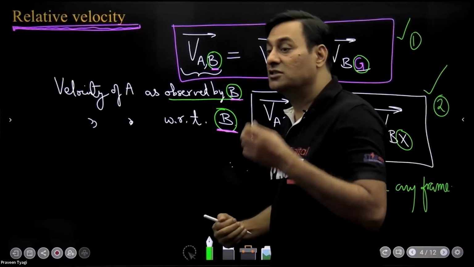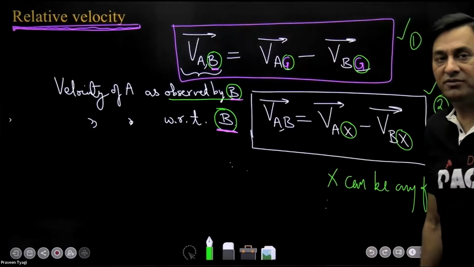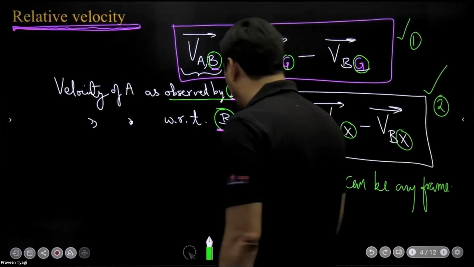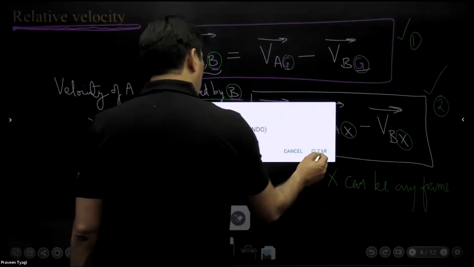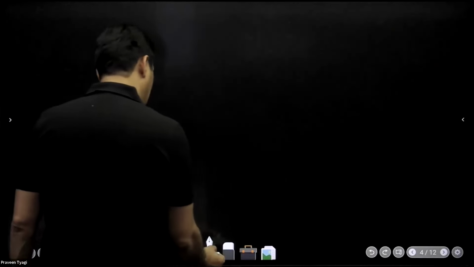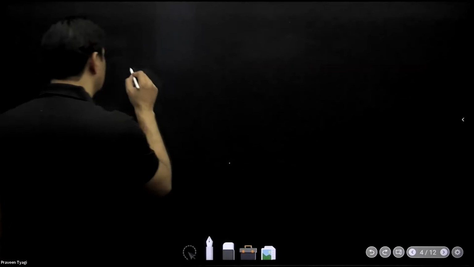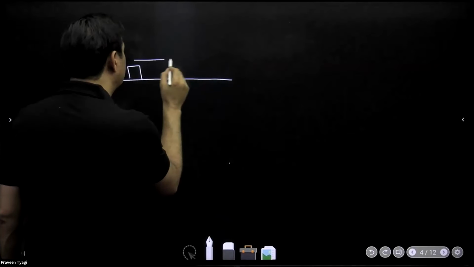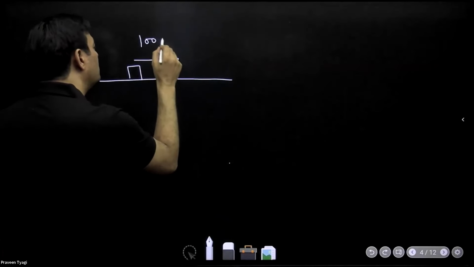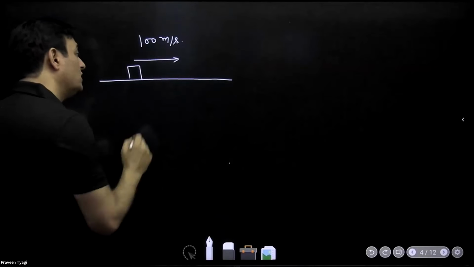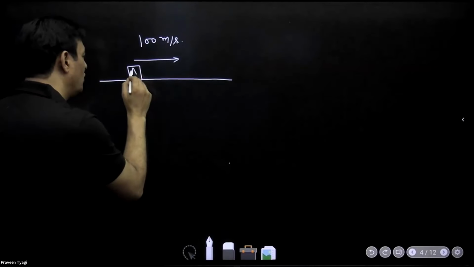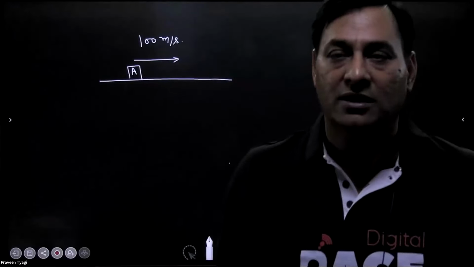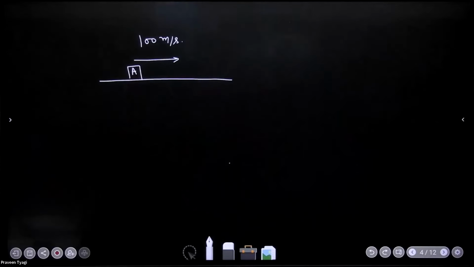The beauty starts from the very first question. Let's see. I am going to ask you a very simple question to begin with so that you people don't start crying. And what is that question? A man is moving towards east with 100 meters per second velocity. This man is called A. And I am going to name this A as Adi More.